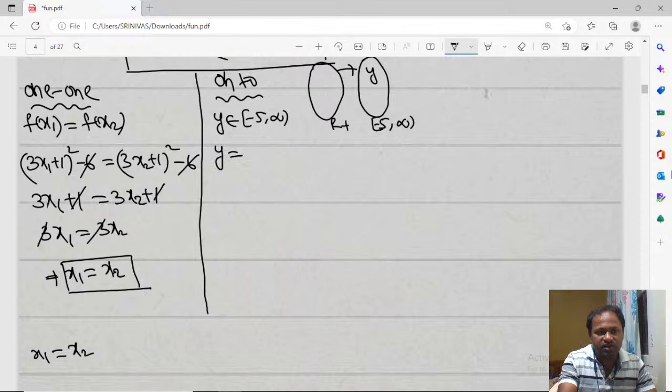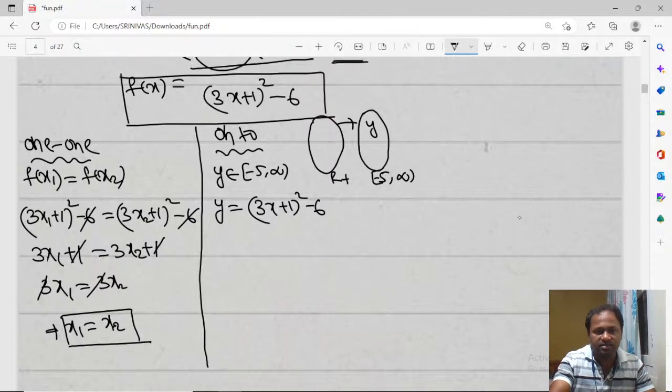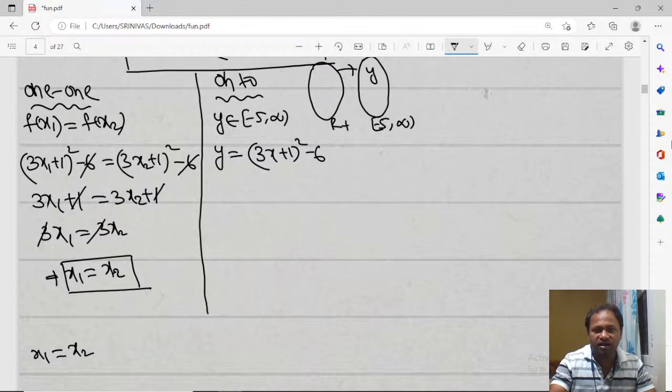Then the element in the codomain is in the form of (3x+1)² − 6, because we have already seen this form. Now we need to search for x. So y − 6 = (3x+1)². Y − 6 will become y + 6.